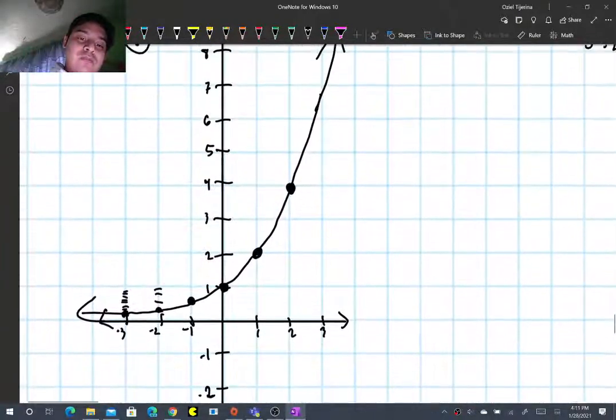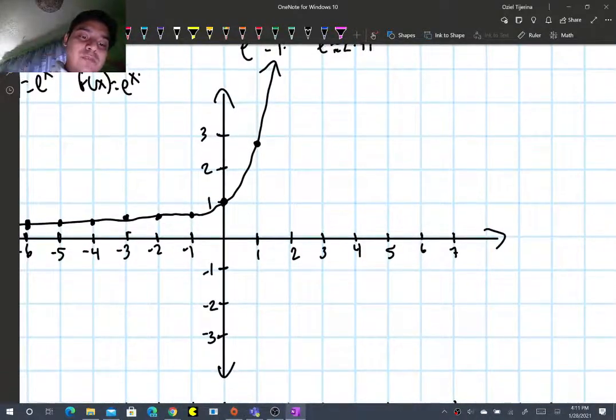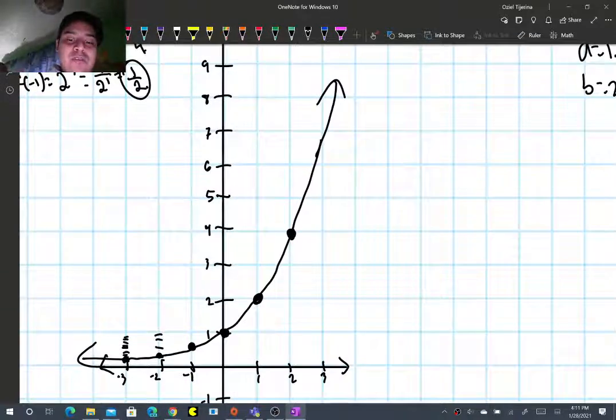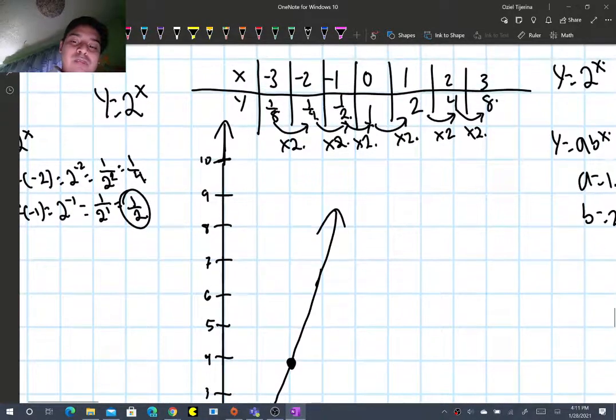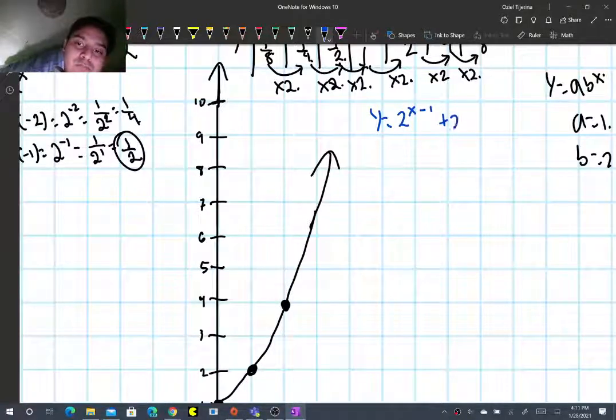So we're going to have something like this. Or let's do 2 to the x, since we already have it graphed. We're going to go 1 unit right and 2 units up, okay? So we're going to try to do y equals 2 to the x minus 1 plus 2, okay?